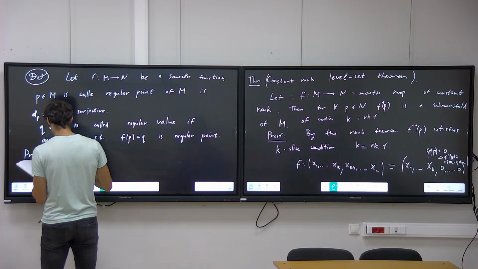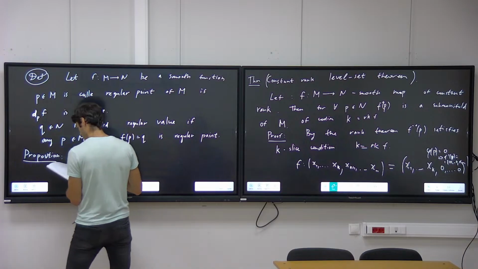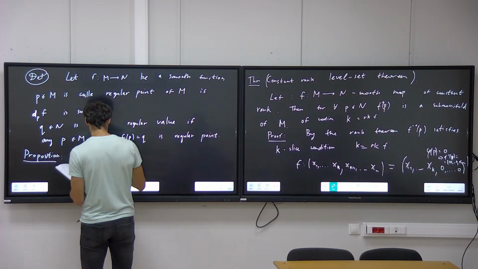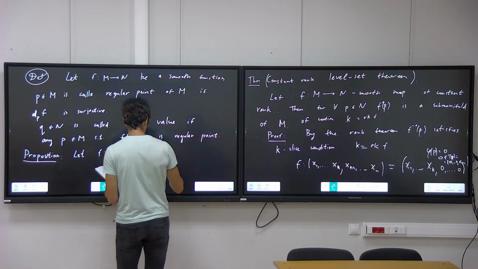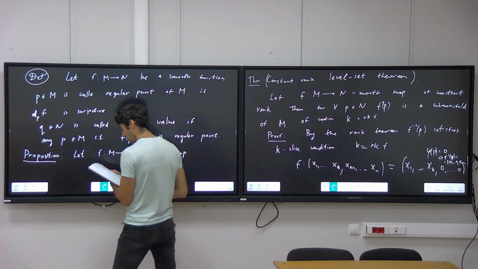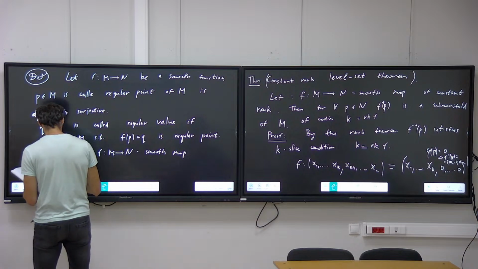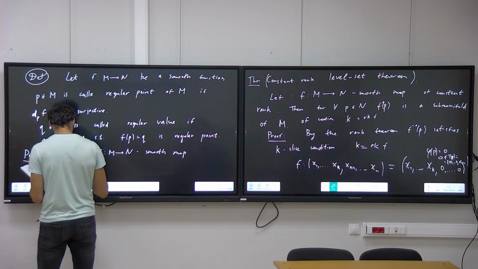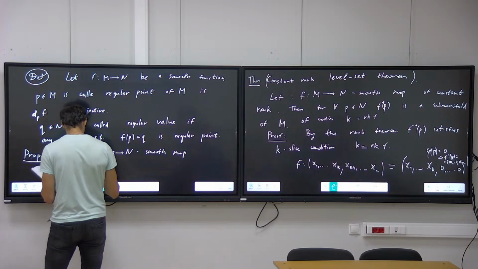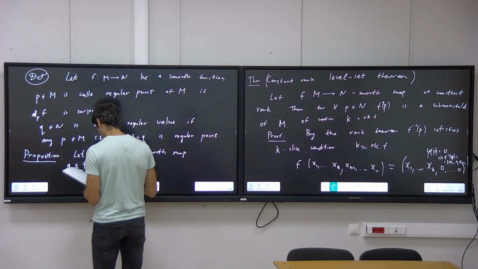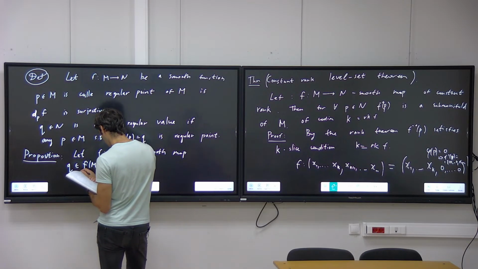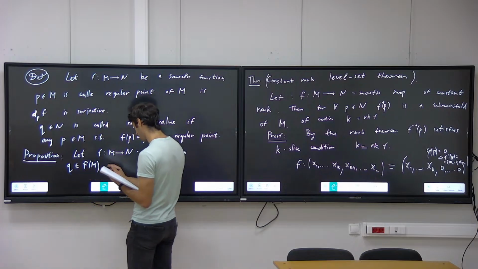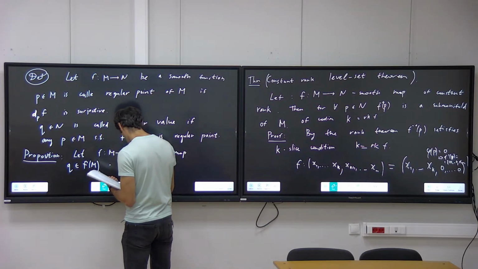So let f again be a smooth map, and suppose that q is a regular value.